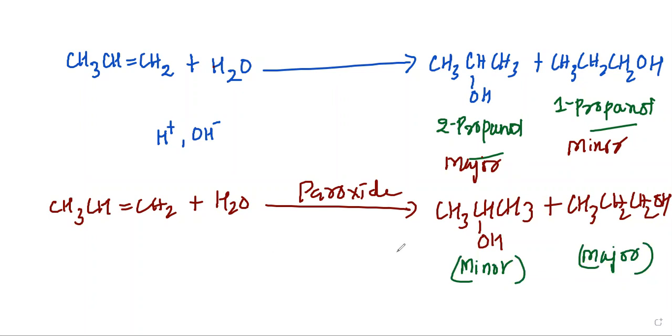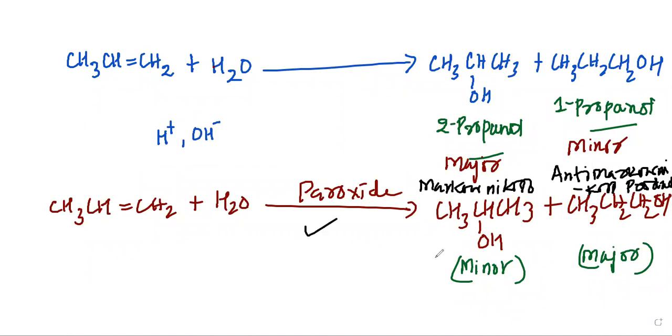When we consider both these products, my dear students, we call this type of product a Markovnikov product. And this type of product is known as the anti-Markovnikov product. So in the presence of peroxide, we will get anti-Markovnikov product as a major product.